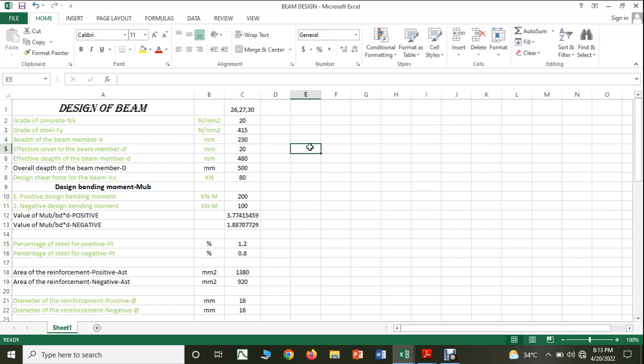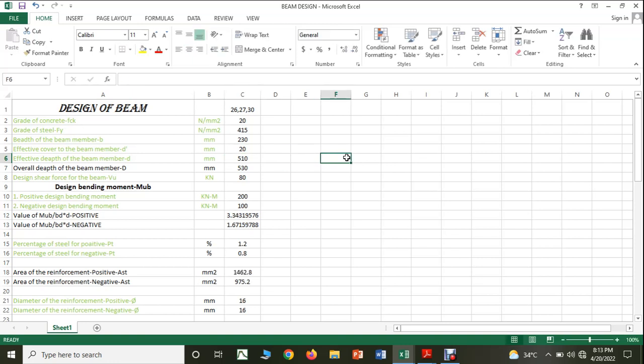The minimum effective cover to be provided for the beam, as per IS 456, is 20 mm, therefore I am maintaining a 20 mm effective cover. And what about the effective depth of the beam? It is a 1 feet 8 inch beam, that is nothing but 510 mm.